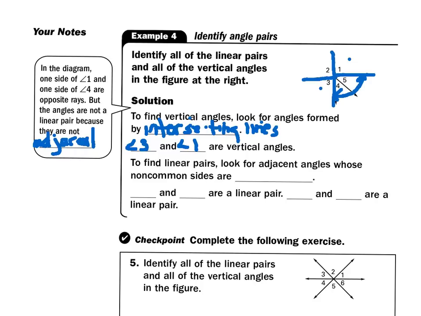Now, let me erase that again. To find linear pairs, look for adjacent angles whose non-common sides are opposite rays.